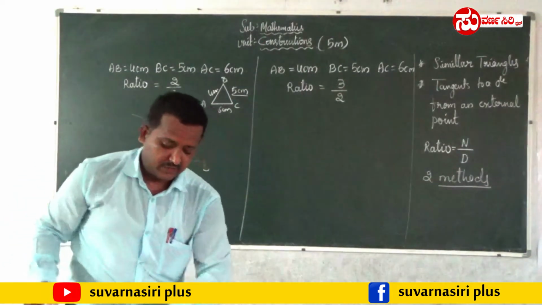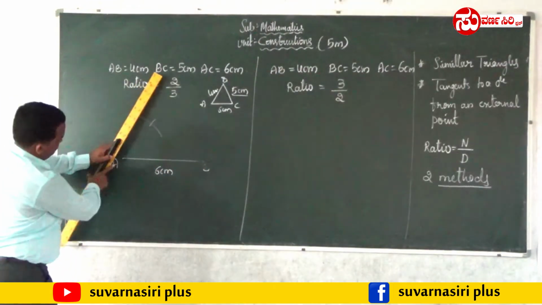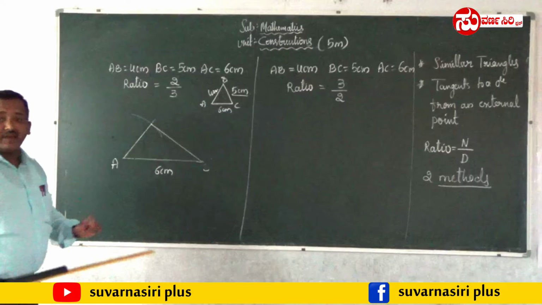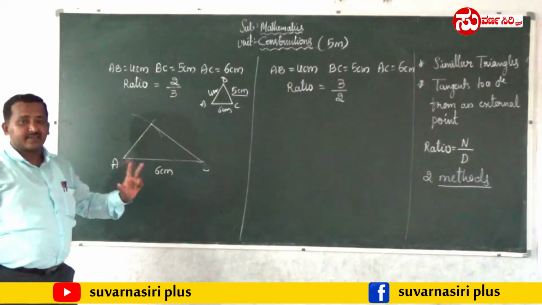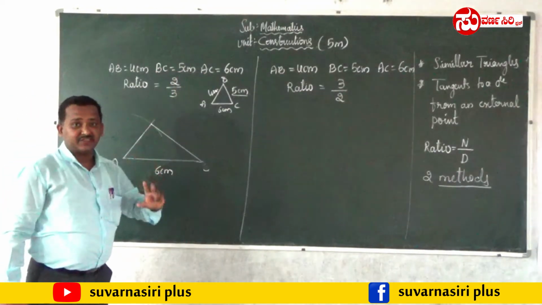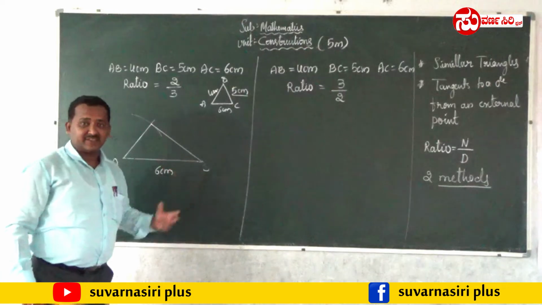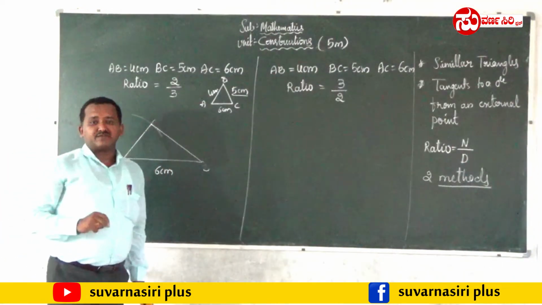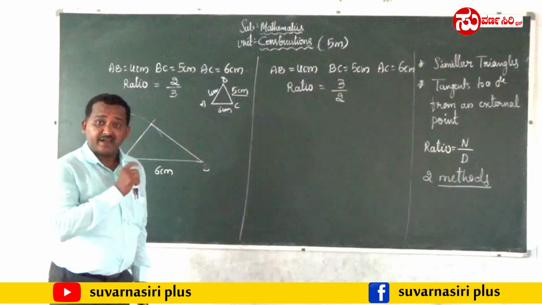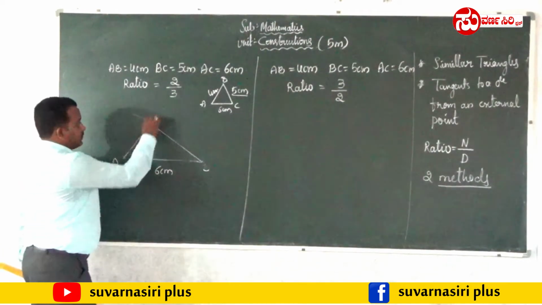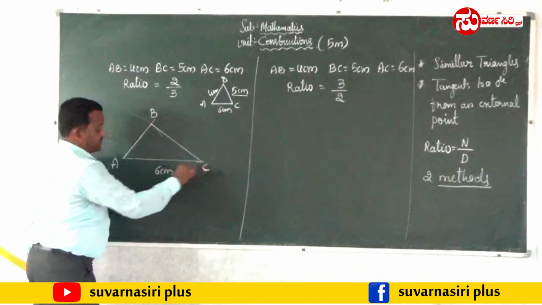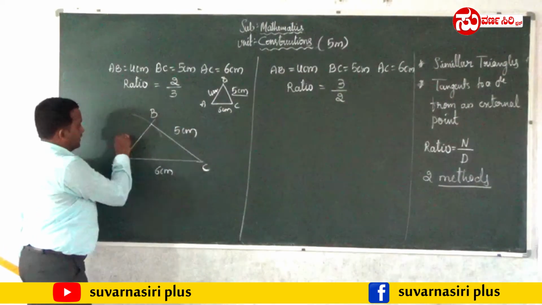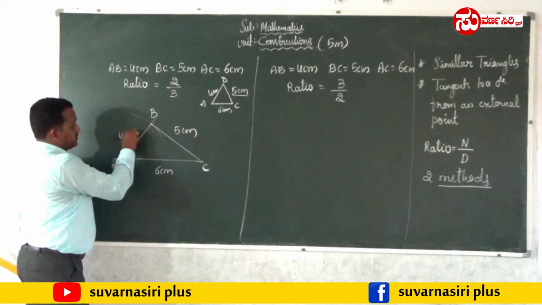Now join them. What I have constructed is not exactly 4, 5 and 6 centimeter; on average we have taken the measurement. While you are doing the problem, take the exact measurements with the help of the scale and construct the triangle. So ABC is here, AC is 6 centimeter, BC is 5 centimeter and AB is 4 centimeter.